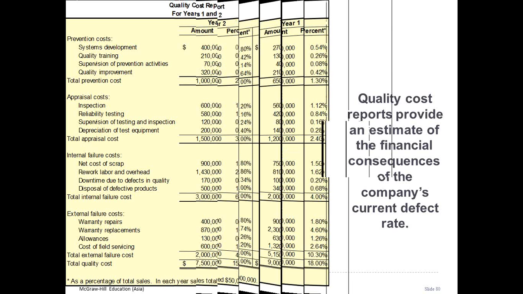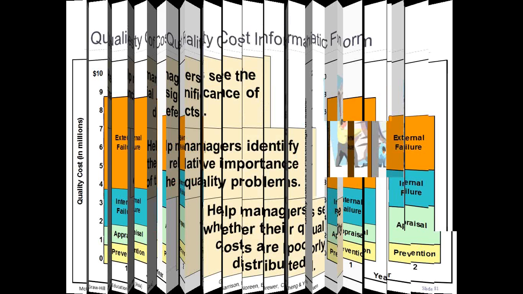Quality cost reports can also be prepared in graphic form. Managers should look for the same two trends whether the data are presented in graphic or table format. Uses of quality cost information include the following. It helps managers see the financial significance of defects.